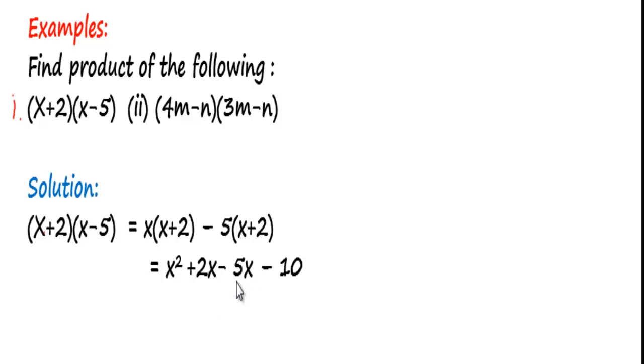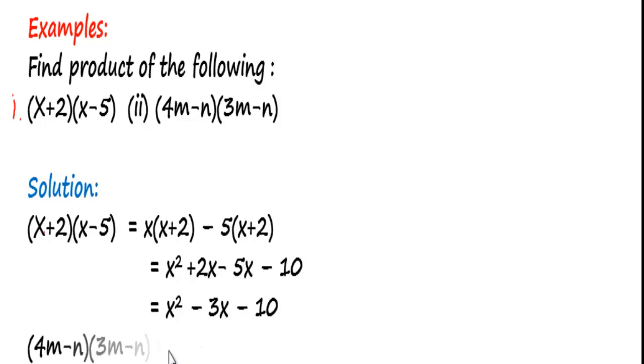That means you can add them together. You have plus 2 and you have minus 5. When you add 2, what is the number that will make the total minus 3? That is minus 3. It's now going to be x squared minus 3x minus 10. That is your final answer. You can't add anything again because there are no like terms again.